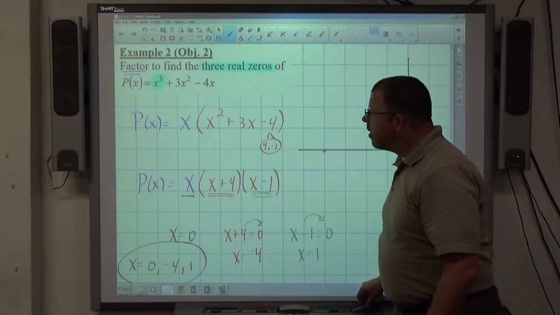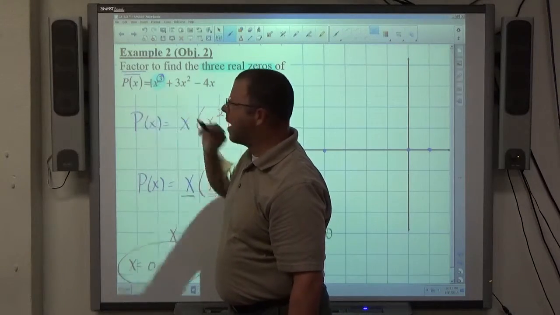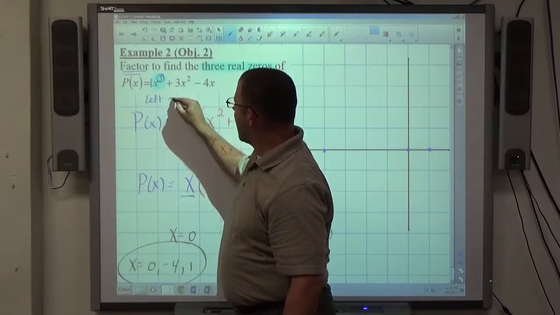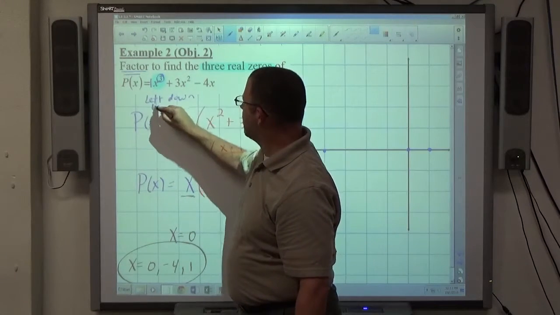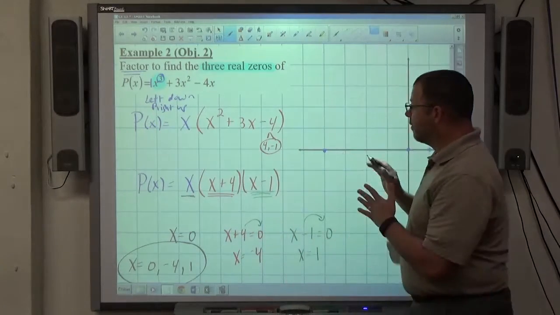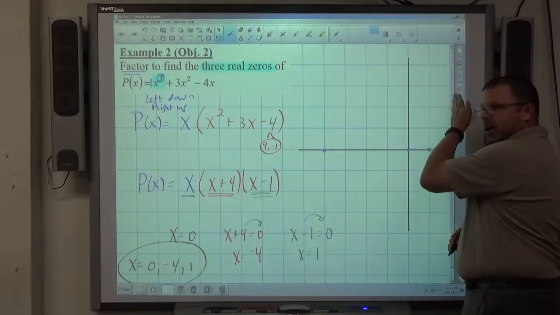The end behavior, we have an odd power and a positive coefficient, right? That means left, down, right, up.